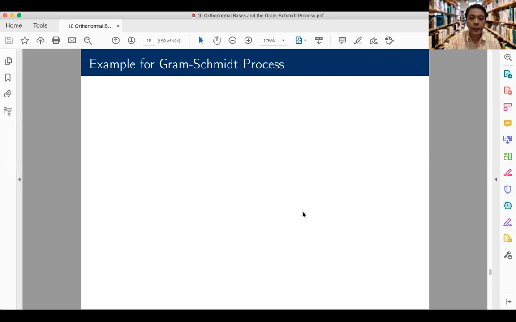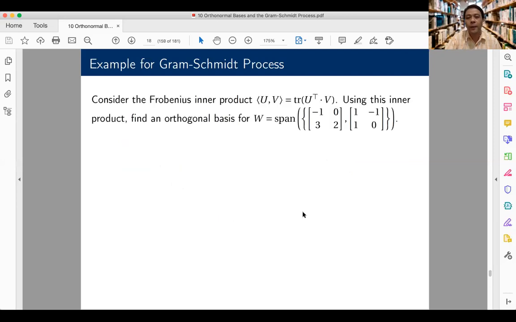Another example. Consider the Frobenius inner product. And we want to find an orthogonal basis for W equals the span of these two vectors. You can show that these two vectors are linearly independent, meaning if you get a linear combination of this and you equate that to the zero vector, the resulting coefficients will be both zeros.